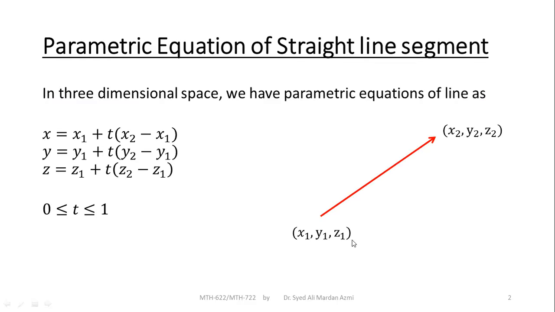Here x1, y1, z1 is the starting point of the straight line segment, and x2, y2, z2 is the end point of the line segment. Means this is the starting point from where you start moving, and this is the end point where you end your working.